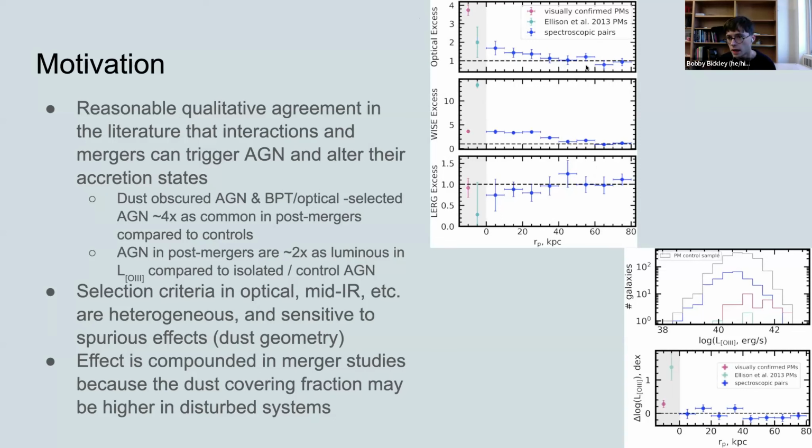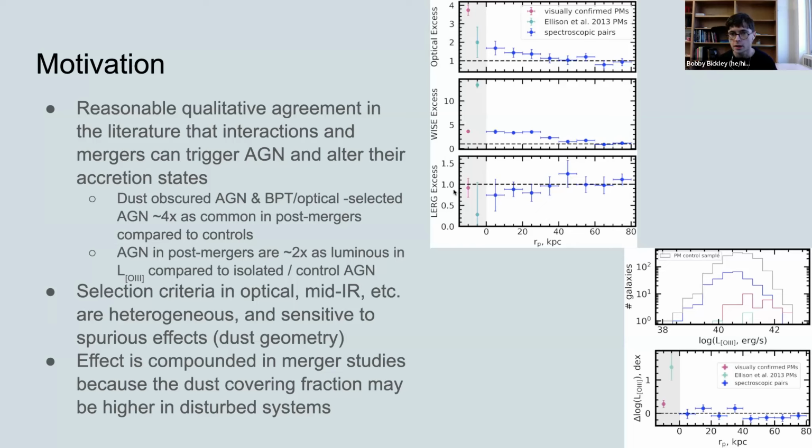These are narrow line BPT AGN in the top panel. These are dust reddened mid-infrared AGN in the middle panel. And in the bottom, these are low excitation radio galaxies. So radio sources that we expect correspond to a galaxy in an isotropic accretion state, usually a lower accretion state.